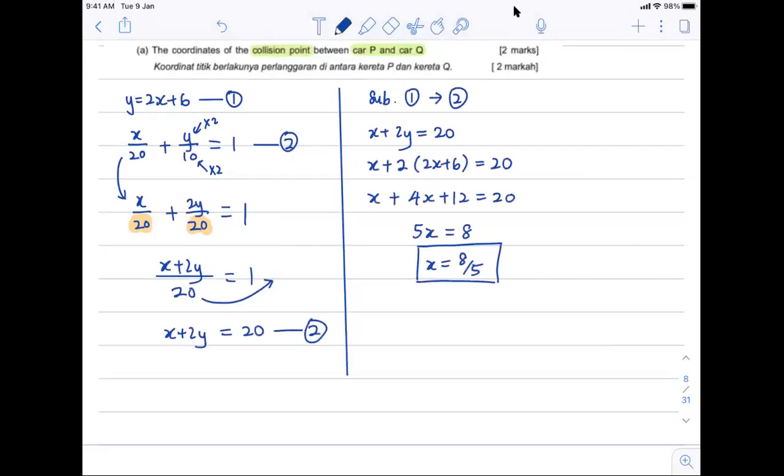Now we know that x equal to 8 over 5, we can find y. From equation 1, y is equal to 2x plus 6. Substitute in x equal to 8 over 5. Type into the calculator. Get 46 over 5 for y.